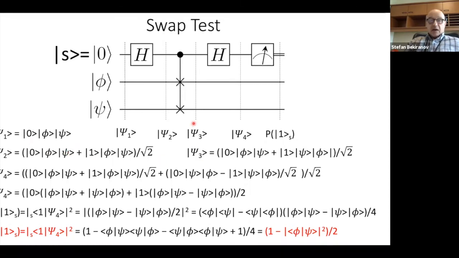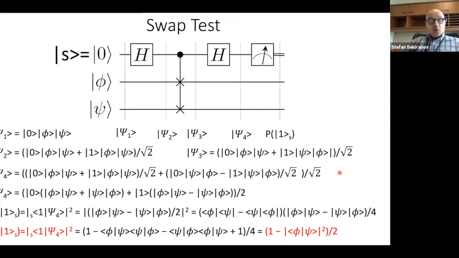And then after the swapper operation, the first part of the state has a 0 qubit in the first line, so the states pass along as is. Phi and psi get passed along as is. But the second qubit was in state 1, and so they get swapped. So physically, this qubit is now phi state, and this qubit is psi.